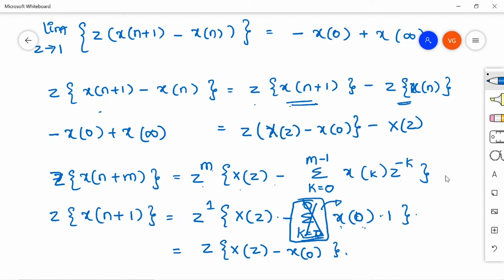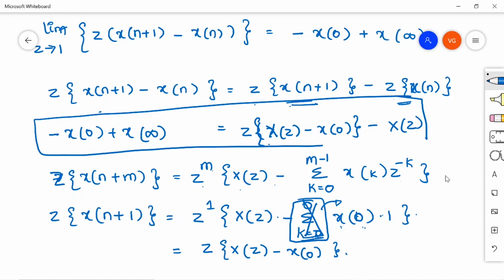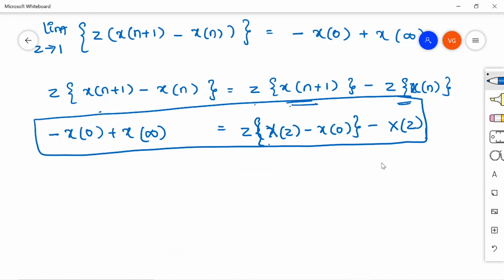Now we can simplify this to get the value of x of infinity. So this is the equation that I am getting. Let us simplify this equation to get the value of x of infinity. My left hand side is limit z tends to 1, so here also you can take the limit z tends to 1 on your right hand side.